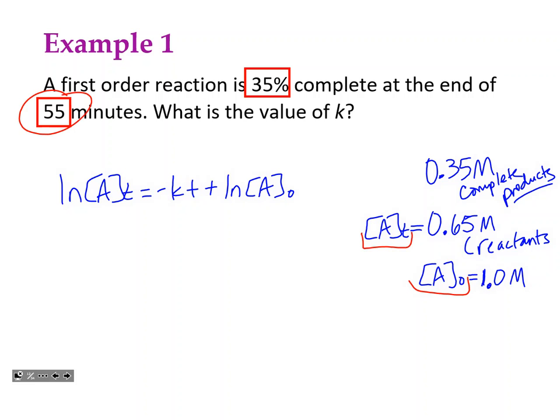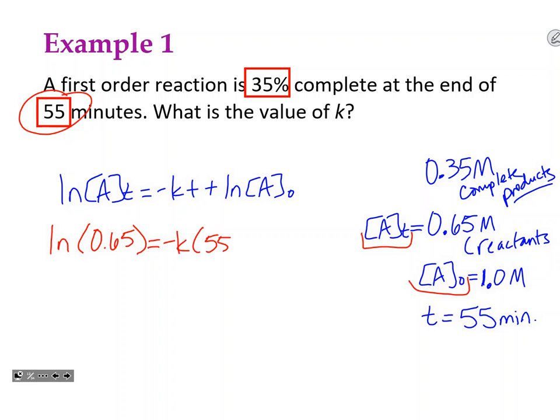So guess what? t equals 55 minutes. Can we plug and chug now? Can we put it into the formula if we figured out all of our values? Yes, you can. ln of 0.65 equals negative k times 55 plus ln of 1.